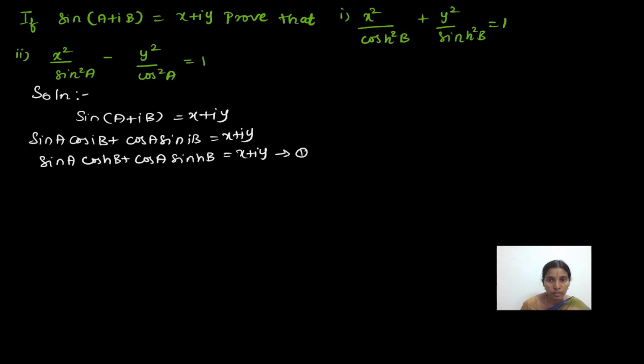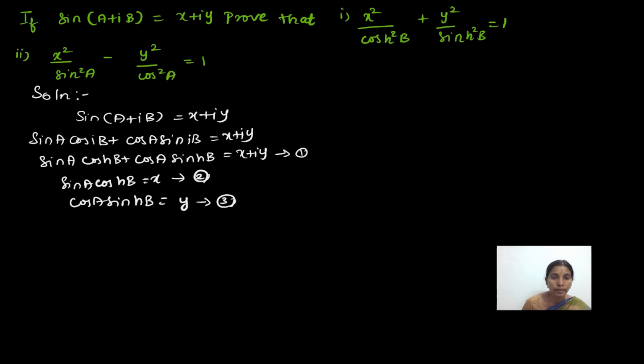Consider this as equation number 1. Next, you have to equate both real and imaginary parts on both sides. Sin a cosh b = x. Similarly, cos a sinh b = y. Consider these as equation number 2 and equation number 3.